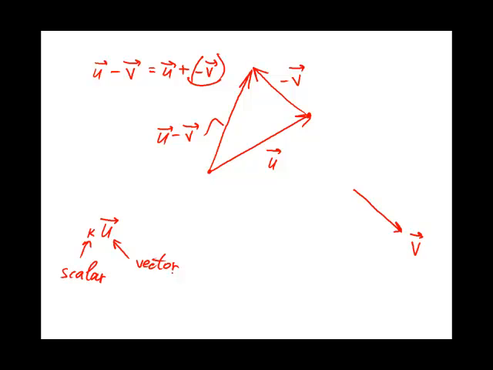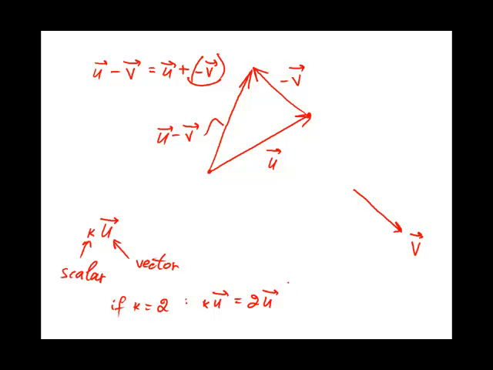Well, let's consider a specific example. If k is 2, for example, then ku is just 2u.